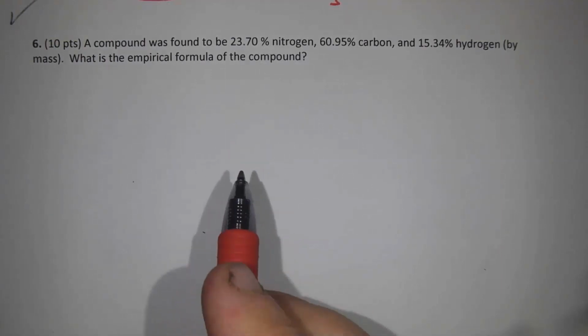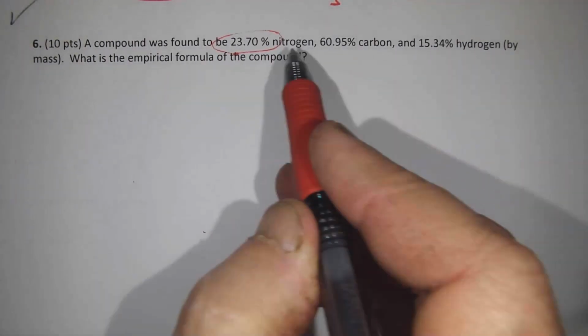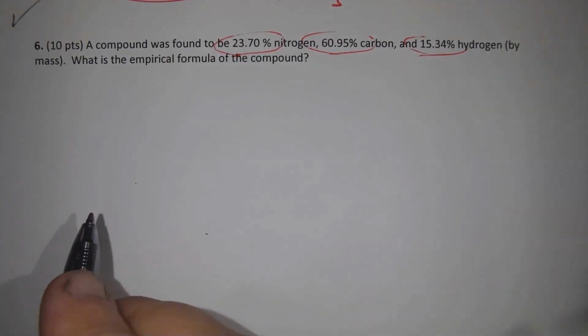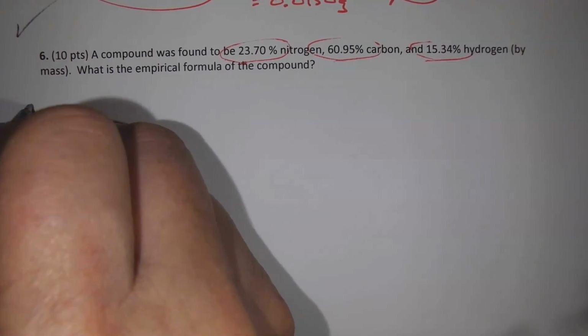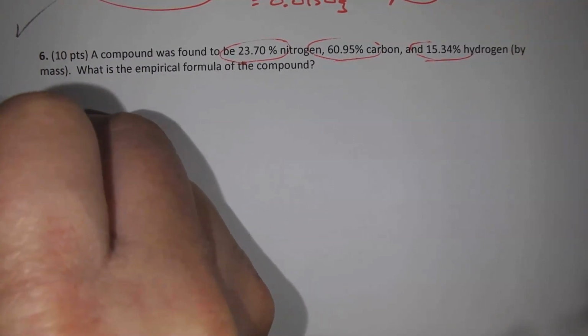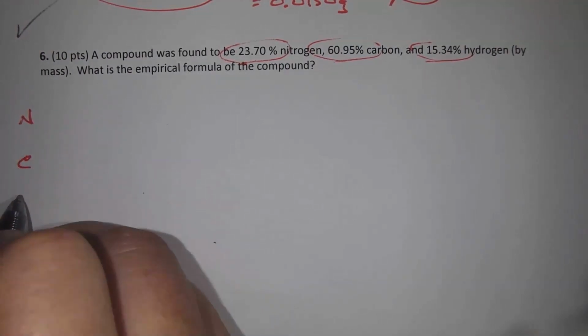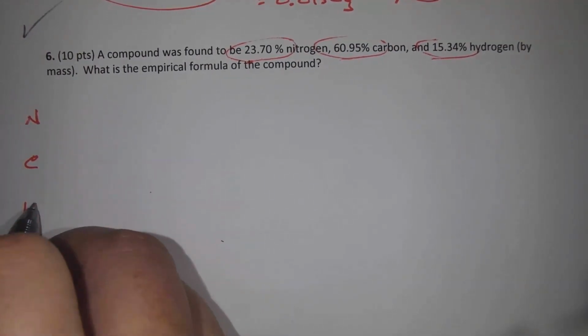A formula needs moles. So I need to take these, which are masses, and convert them to moles. So if I maybe set up a quick table here, whatever my element is, we've got nitrogen, carbon, and hydrogen.